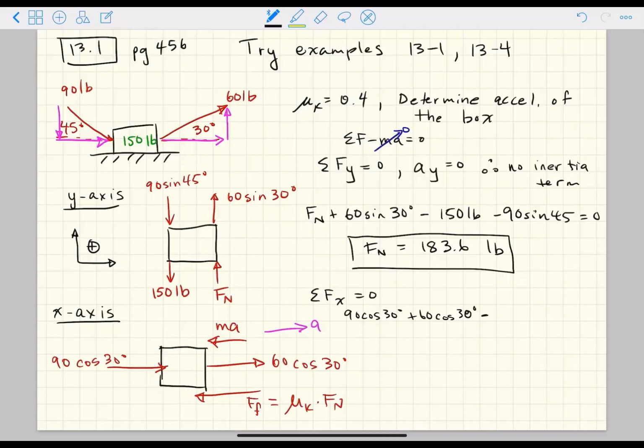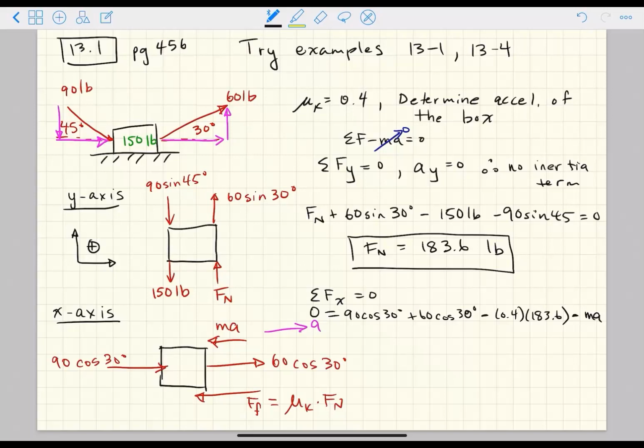And then we're going to subtract our mu k. So mu is 0.4, and mu k times Fn, which is 183.6. And then we're going to subtract ma. And we're going to set this all equal to 0.